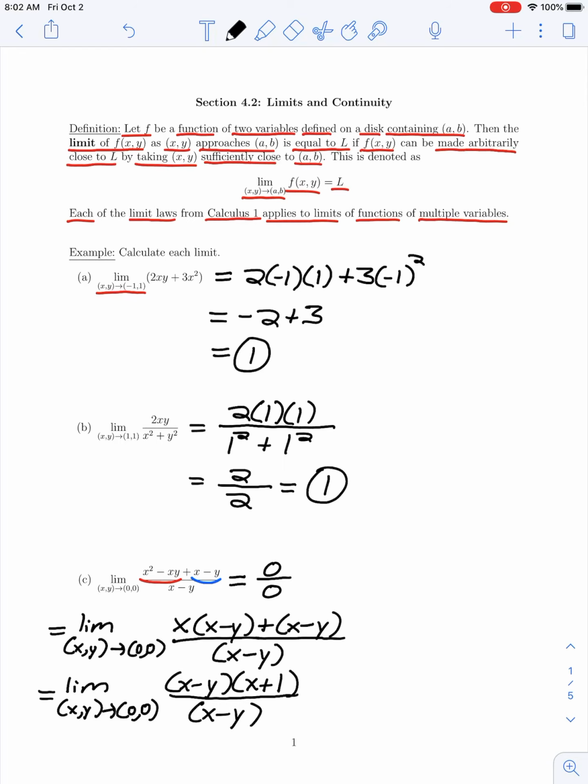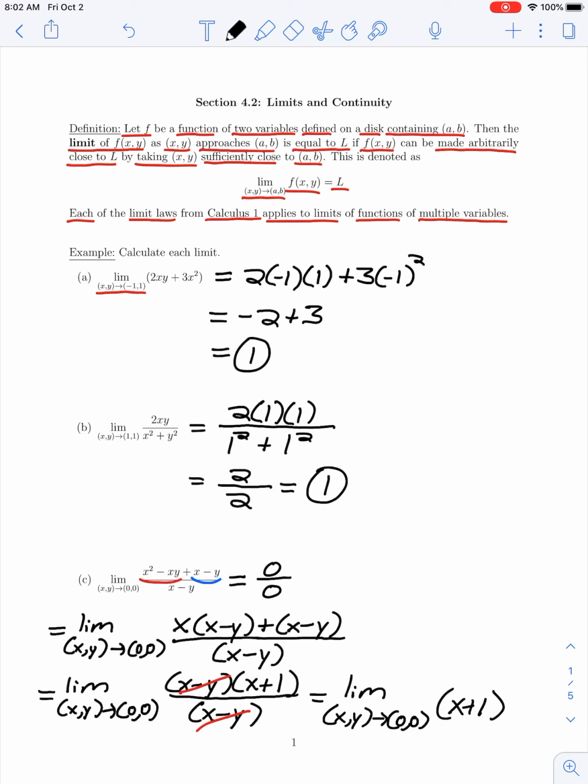And I can then cancel this factor of x minus y in the numerator and denominator. And I am left with the limit as (x, y) approaches (0, 0) of a polynomial in terms of x plus 1.